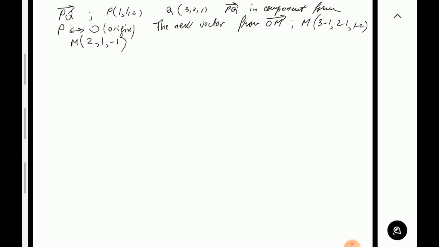Because the component form of a vector always starts from the origin, we're not going to need to specify the origin as the initial point all the time.